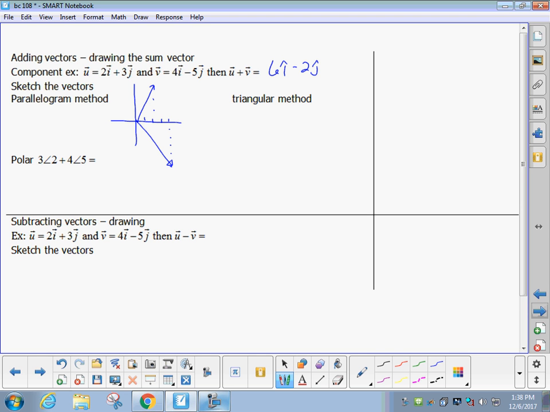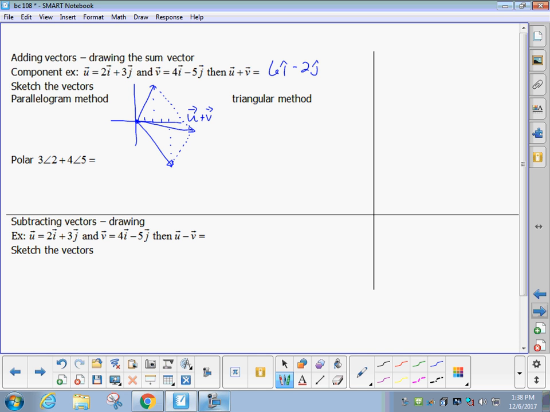Imagine if this is two sides of a parallelogram, then this side would mirror that side, and this side would look like that, yeah? This diagonal of the two vectors is u plus v. And doesn't it look like right 6 down 2?